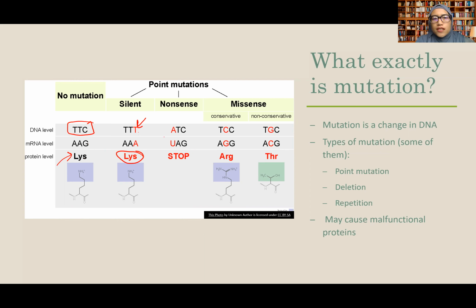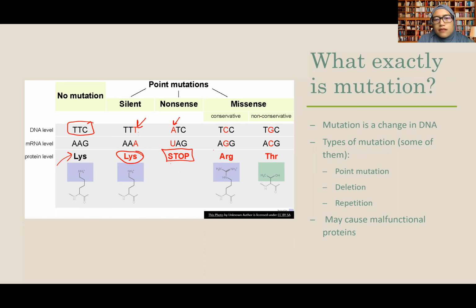A nonsense mutation, and this is still a point mutation, just one change in the DNA sequence. So instead of TTC, it is ATC. But when it gets transcribed, it becomes a stop codon. This causes the protein to be truncated. So if the protein should be this long, it might be this long, okay?